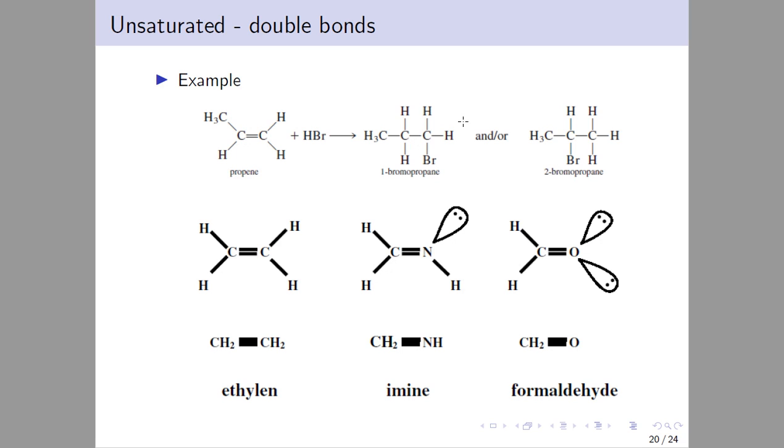We break the pi bond and make a new bond with the bromine. Okay, and these are types of double bond: CC, CN, CO, imine, formaldehyde.